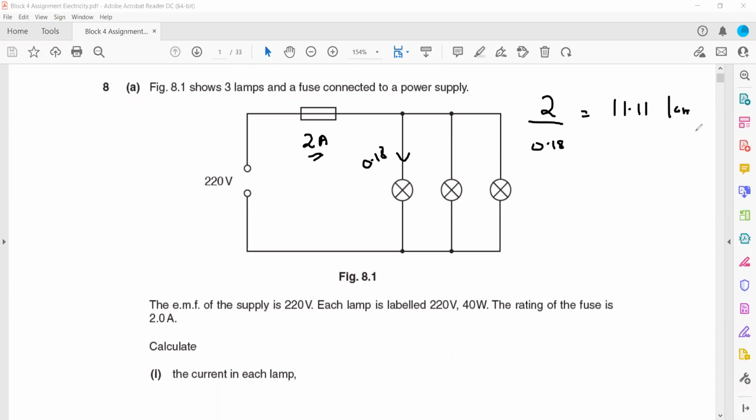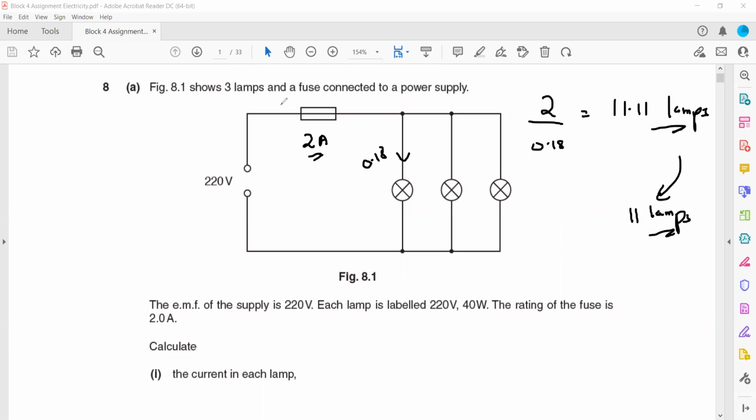So 11.11 lamps can be connected, but 0.11 of a lamp makes no real difference. So we can connect 11 lamps, because each lamp has a current of 0.18, and 11 lamps multiplied by 0.18 is 1.98.